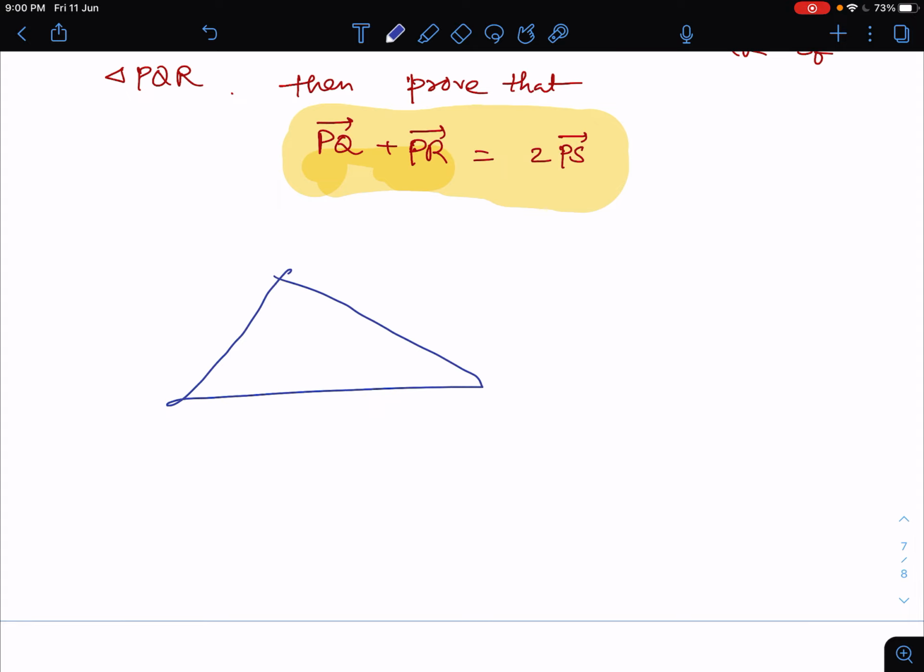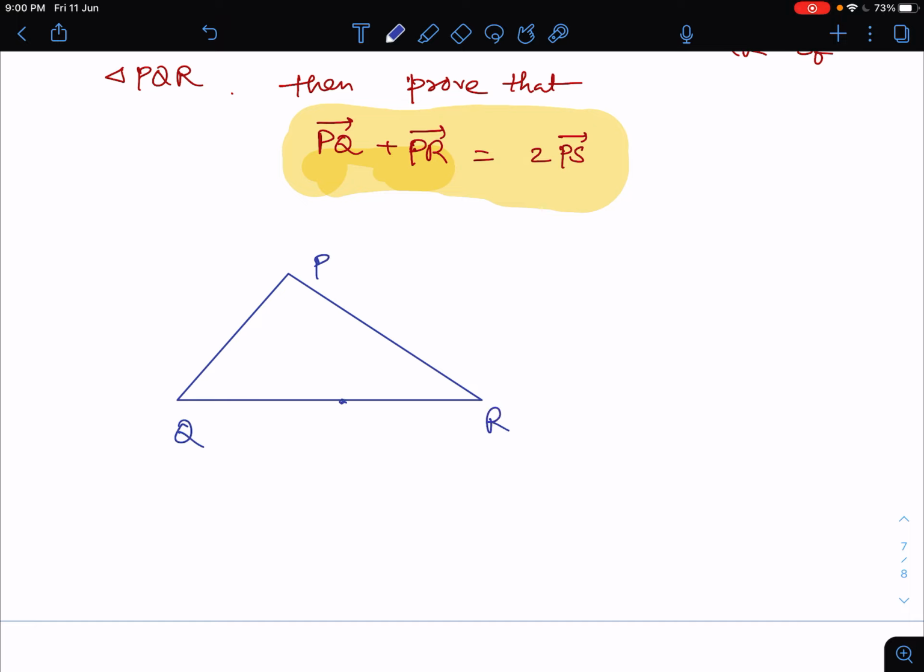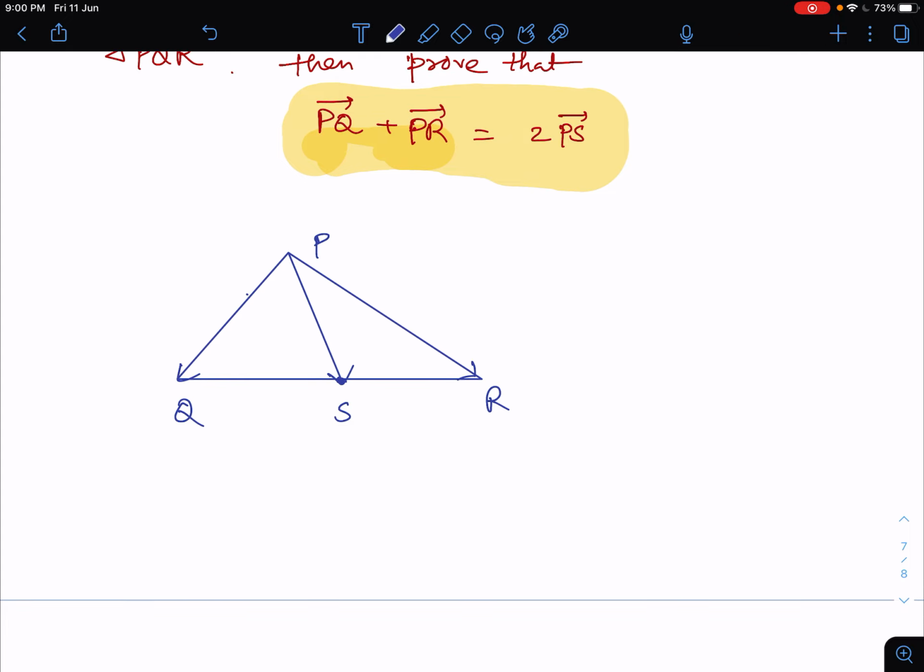So let's take any triangle, let's say PQR, and let's say S is the midpoint of QR. Then you need to prove that PQ plus PR is nothing but 2PS. This is the vector PS. So how do we proceed? PS is the common side of the triangles PQS and PSR.